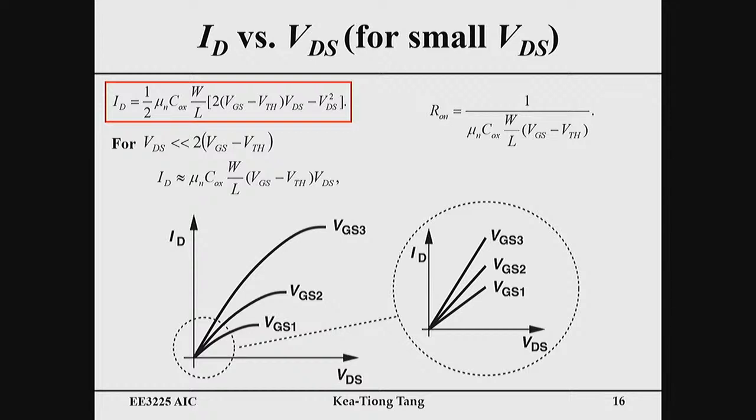Anyhow, you can control the resistance by controlling the gate voltage. This is when VDS is very small. Remember that. When VDS is very small, the MOSFET can behave as a resistor, whose resistance can be controlled by the gate voltage.